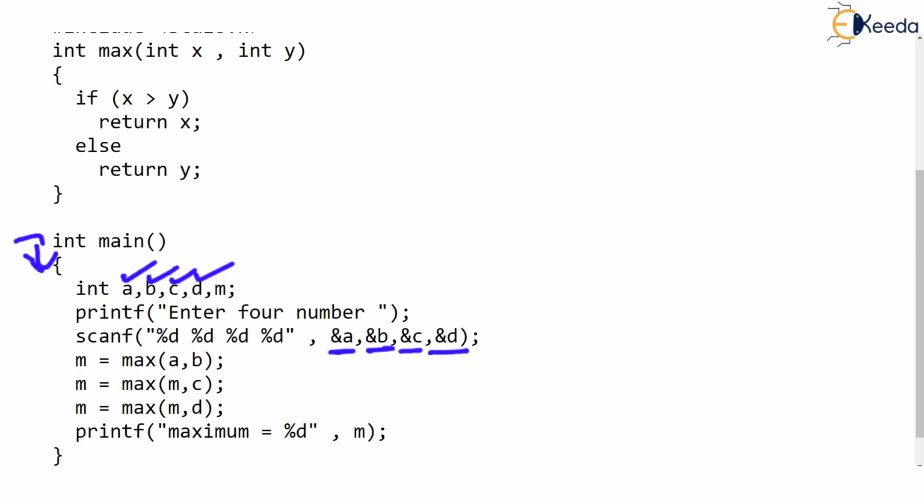So maybe user enters a as 4, b as 6, c as let's say 2, and d as let's say 1. And our program should find out which value is largest. So it should print 6. 6 is largest. We have made one more variable m, where m will store the largest between a, b, c, d.